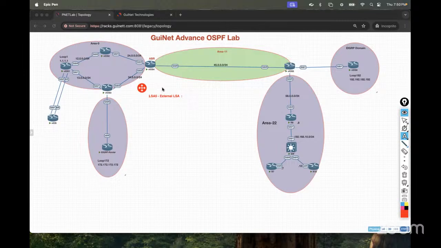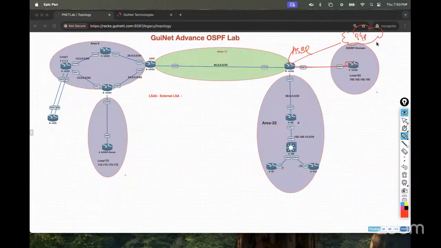Basically, LSA 5 is the responsibility of the ASBR router. Let's suppose this is my ASBR, and this EIGRP route is coming. Let's suppose you have a BGP domain here, like you're running BGP as well.